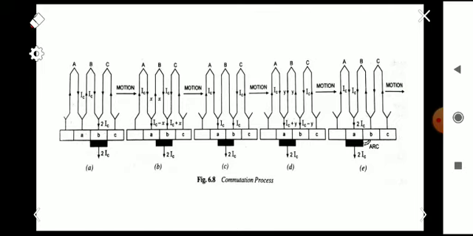IC is coming through the coil A, and it will add with the current Y from the coil B, so IC plus Y, and here IC minus Y. These two currents flow through the brush, and if we add these two, we get a resultant current of 2IC.